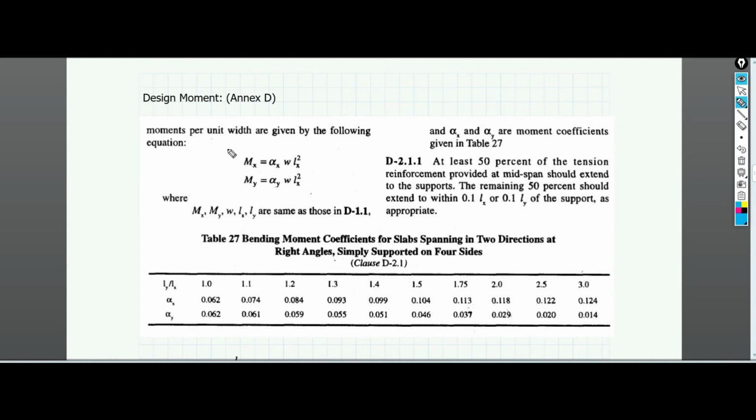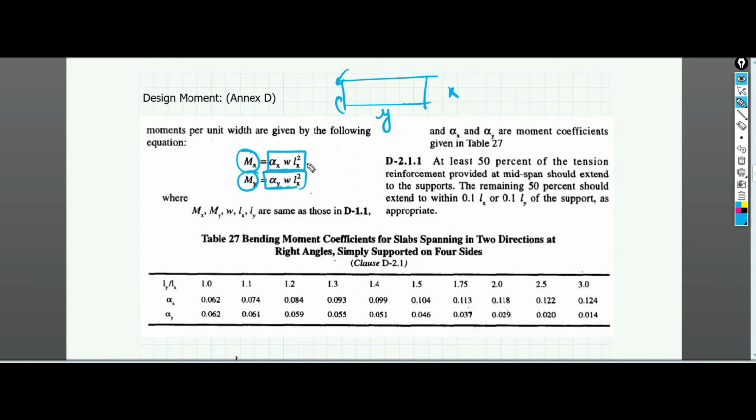So the moment in the x direction, say this is the x direction and this is the y direction, Mx is alpha x w lx square and My is alpha y w lx square.